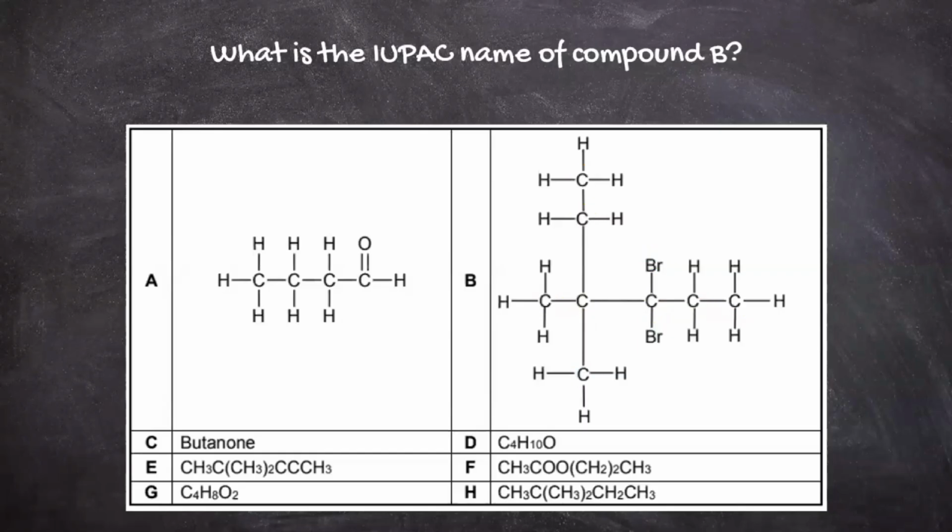Okay. So, very first thing we're going to do is we're going to identify what our longest chain is. The longest chain, you are always looking for a continuous chain. You're not counting any branches on the sides. You're not going up a branch and turning around and coming back down.